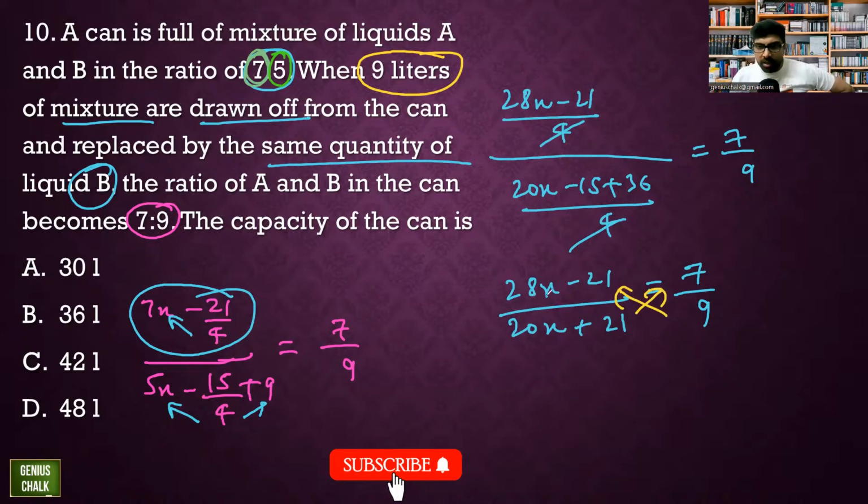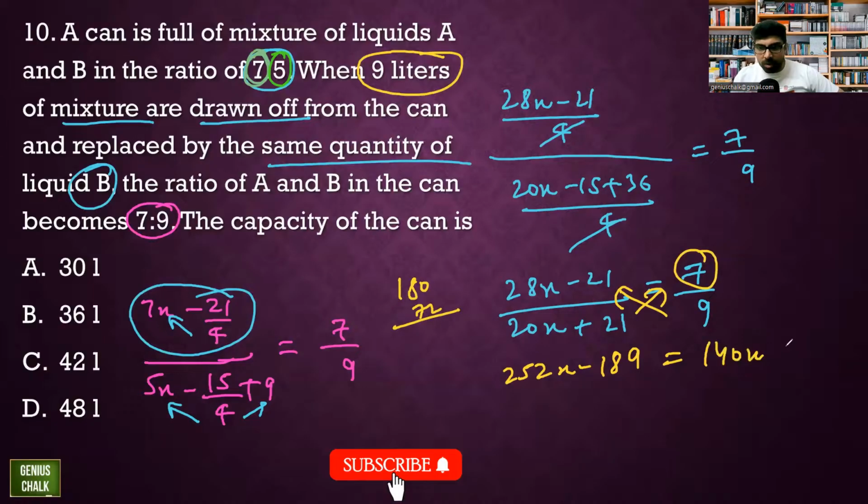So let's try. 28 9s are 252, 20 into 9 is 180, and 8 into 9 is 72. It becomes 252x minus 189, and 7 multiplied by 20 becomes 140x plus 147.